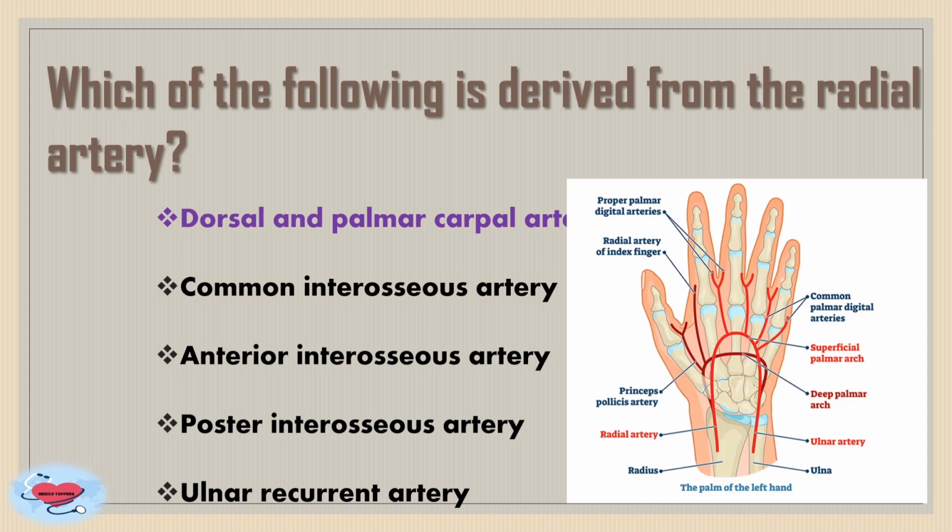Radial artery gives rise to radial recurrent artery as well as dorsal and palmar carpal branches. But the ulnar artery gives rise to the common interosseous artery, anterior and posterior interosseous arteries, anterior and posterior ulnar recurrent arteries, dorsal and palmar carpal branches. So in this case, radial artery gives rise to radial recurrent artery as well as dorsal and palmar carpal branches. So the answer is option A.